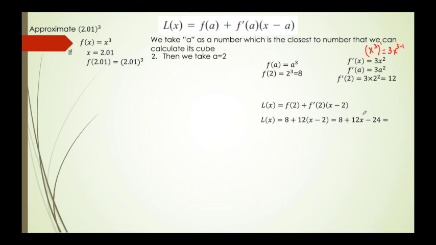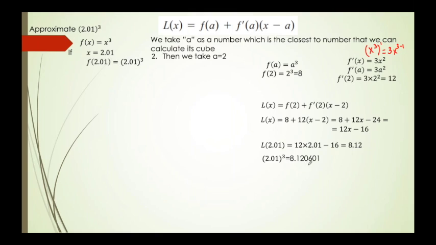And when we open the bracket, we will get 12x minus 16. And we need to find 2.01. Therefore, we substitute x equals 2.01 in the L function. We will get 8.12.